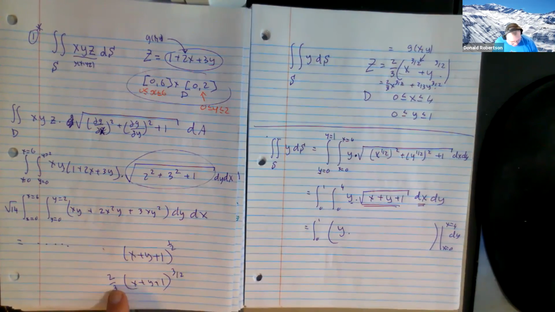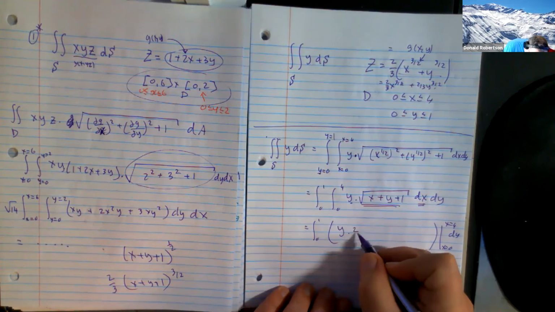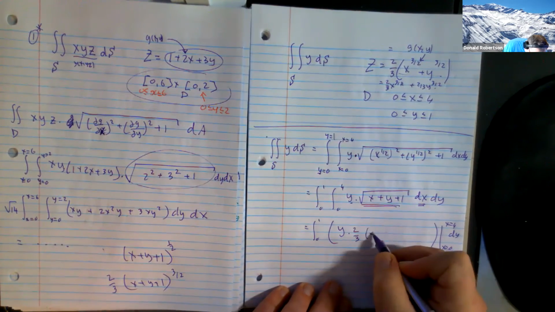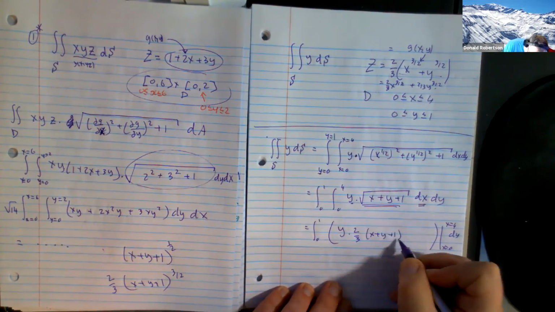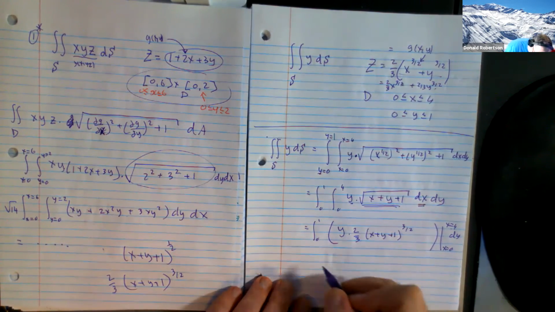And you might think, well, what about x plus y plus 1? The good news is that if you differentiate that with respect to x, isn't the answer 1, so it doesn't really do anything. So we now have 2/3 x plus y plus 1 to the 3/2, and we plug in these numbers and we'll see what we get.